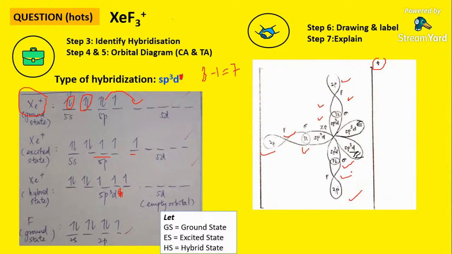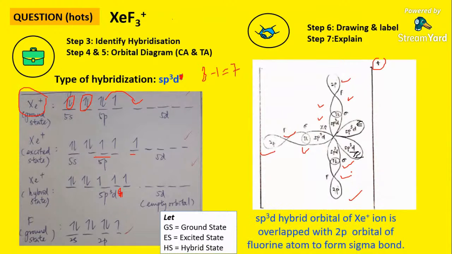So this is the complete labelled hybridization diagram for XeF3+. This is the explanation: the sp3d hybrid orbital of the xenon ion is overlapped with the 2p orbital of the fluorine atom to form sigma bond.